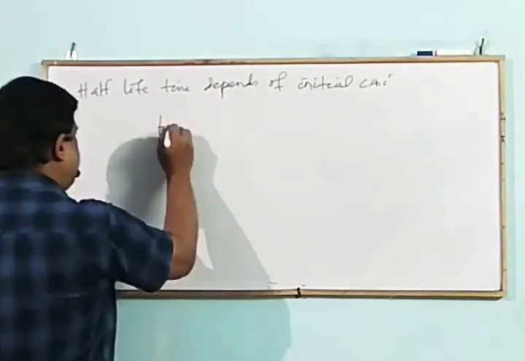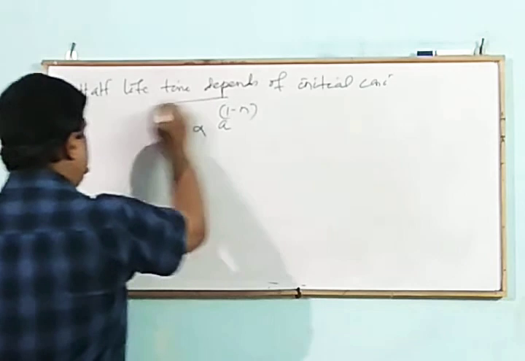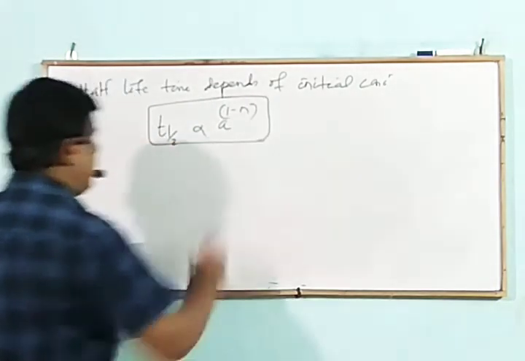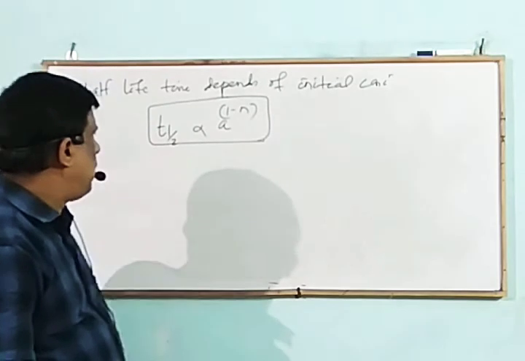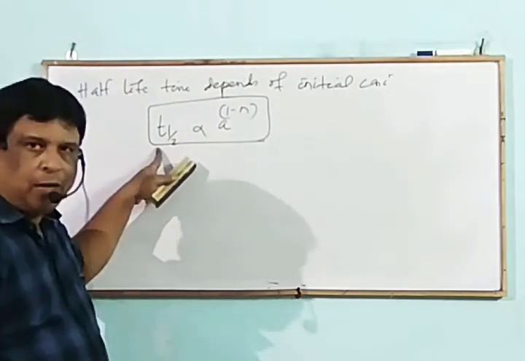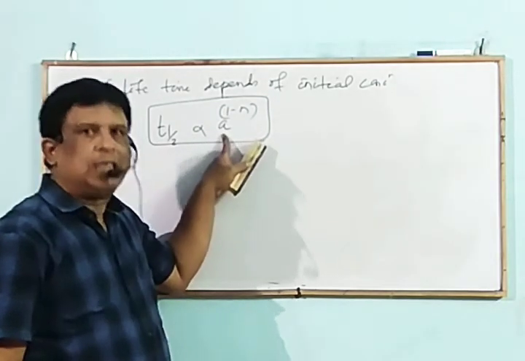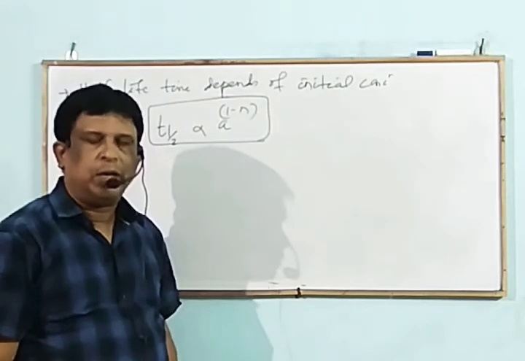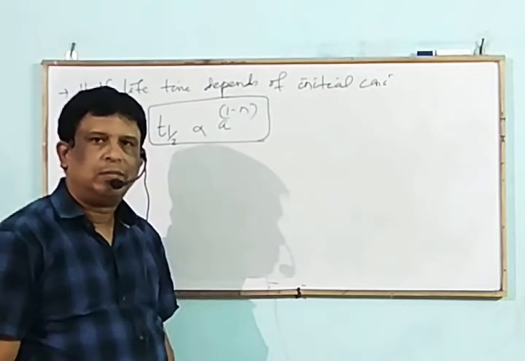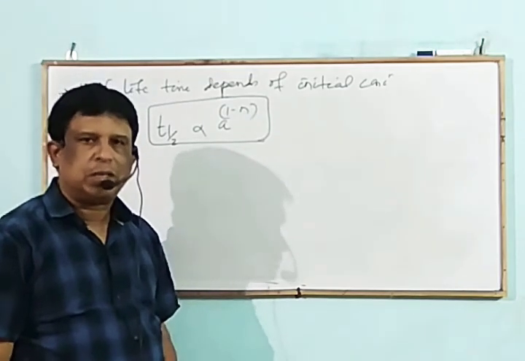The expression is t half directly proportional to a to the power 1 minus n, where t half is the half lifetime, small a is the initial concentration, and n is the order of reaction. Then we discuss another expression relating to first order kinetics.